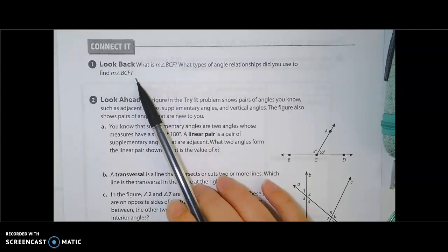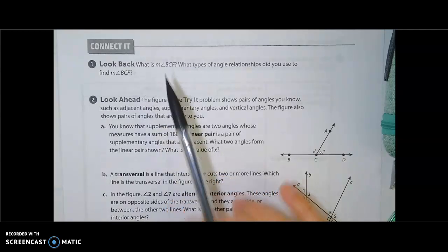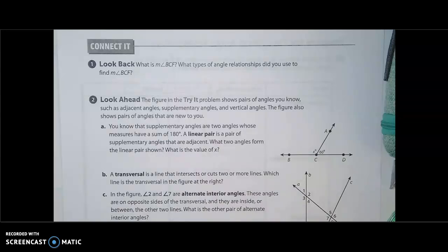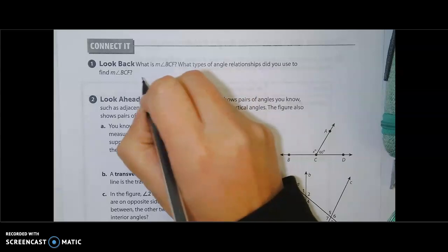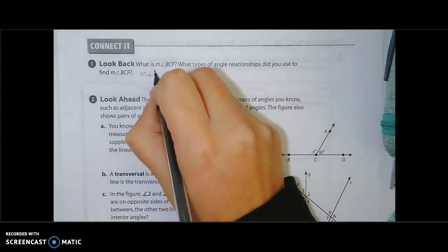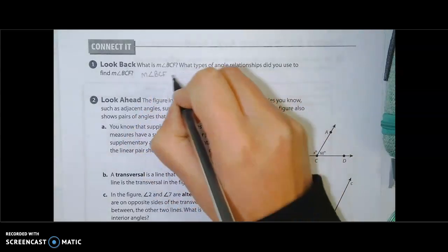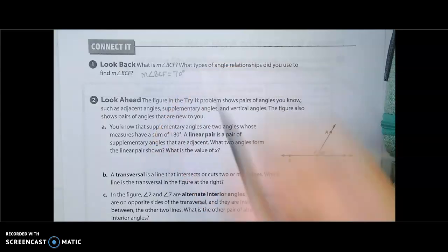So when we solved for our airplane pathways, because we had sky paths or flight paths for airplanes, what we found for the measure of BCF was that it equaled 70 degrees.